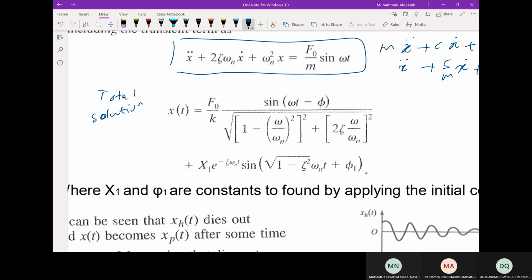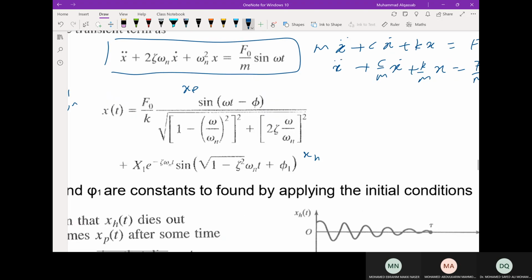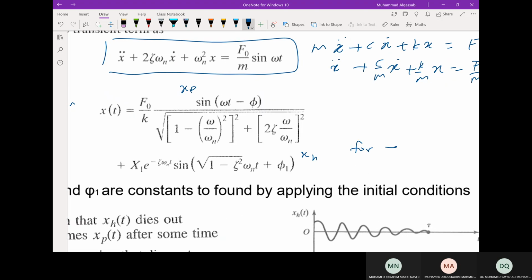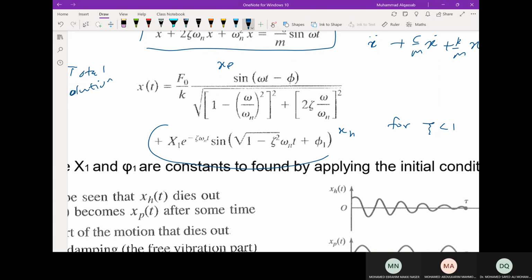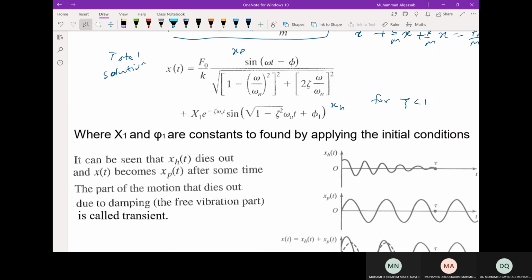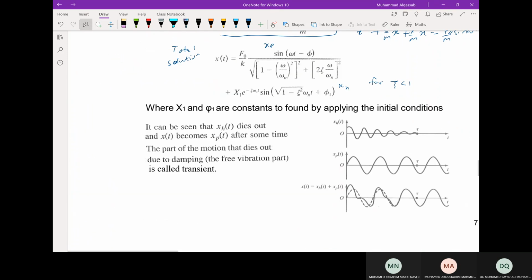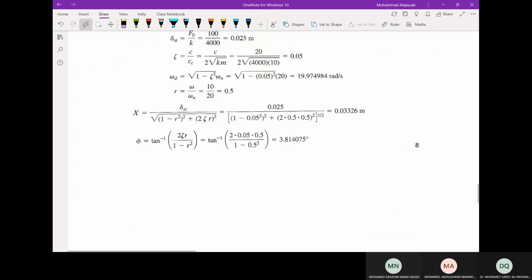This is the particular solution, xp, and this is xh, and this is for zeta less than 1, because this is the underdamped solution. We will continue from this slide, and next time we will have an example as well.